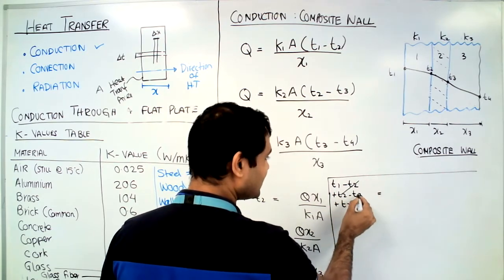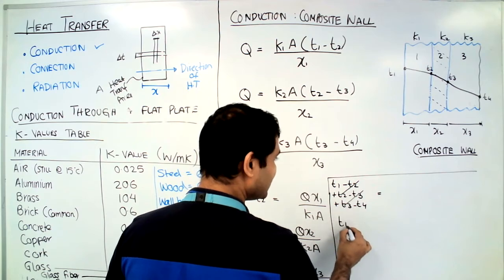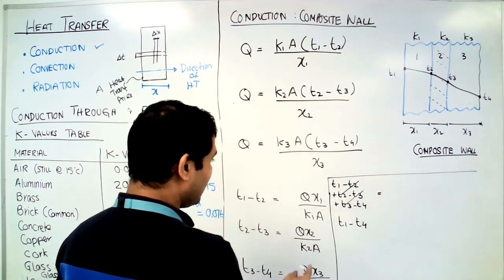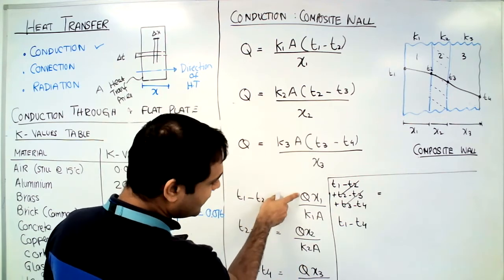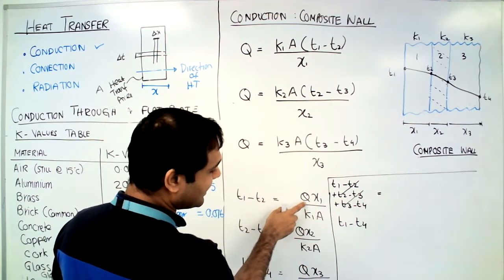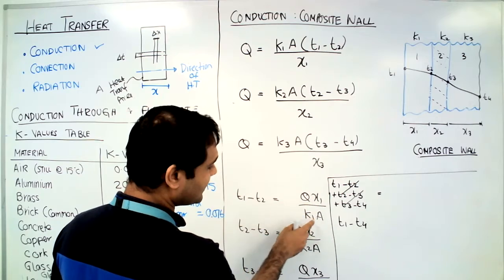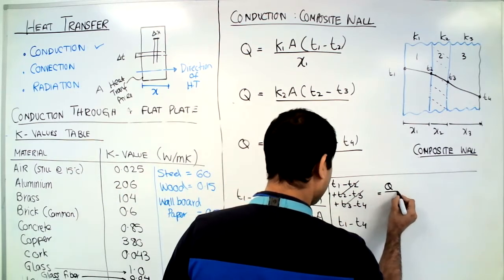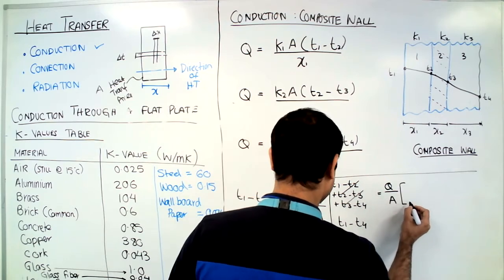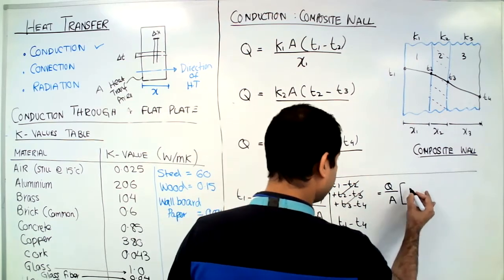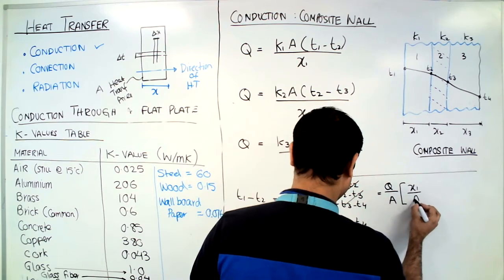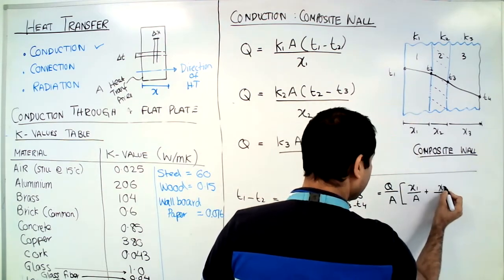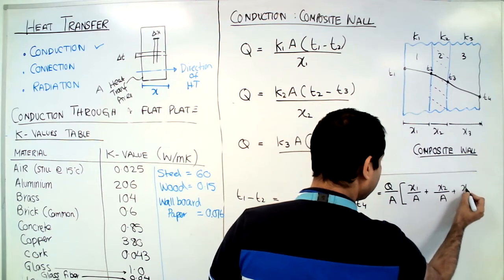Now you see this cancels out, this cancels out, so you only get T1 minus T4. On the other side, I have the Q and the A in common, so I can take Q and A common, and I'm left with X1 over K1, plus X2 over K2, plus X3 over K3.